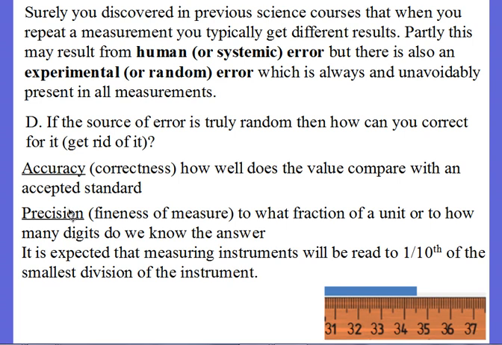Right now we're looking at these two. And precision means fineness of measure. Did you measure to the nearest centimeter? Or did you measure to the nearest millimeter? Or did you measure to the nearest tenth of a millimeter? That is precision, and has nothing to do with accuracy. I am expecting that every measurement you make will be shown to a tenth of the smallest division on the measuring instrument.